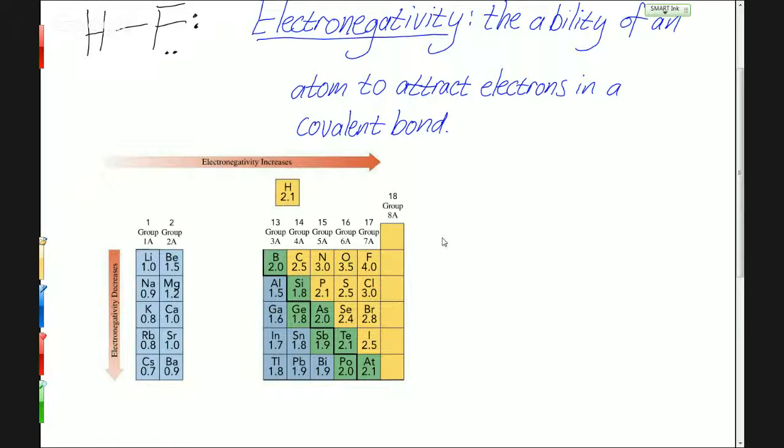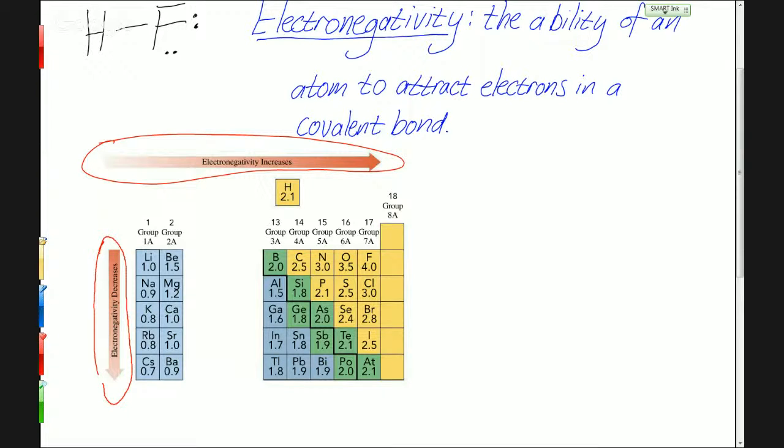And you don't need to memorize any of these numbers, but what you should know are these general trends. We can look at the periodic table and we can make a reasonable guess as to whether one atom will be more electronegative or less electronegative than another based on where those things are. So if you can't read that well, I know it's a little dark. It says electronegativity increases as you go to the right and decreases as you go down.